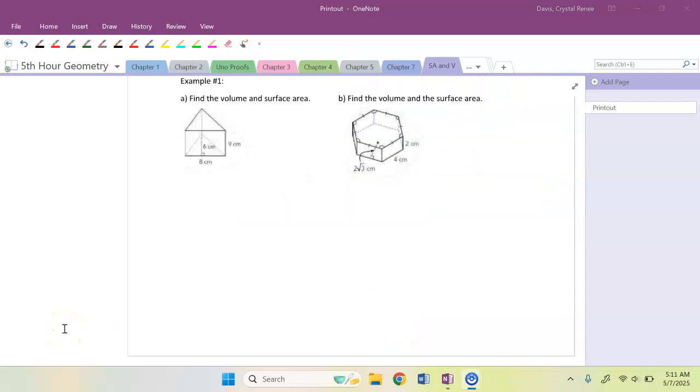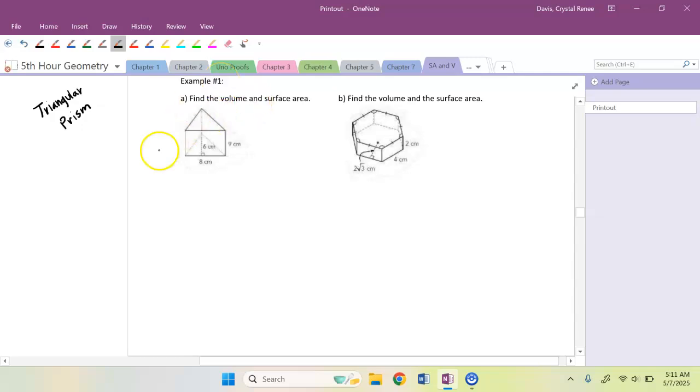All right, if I look at example 1a, I have what we call a triangular prism. Okay, now prisms are always named according to their base. So in this case, the base is a triangle, so we call that a triangular prism.